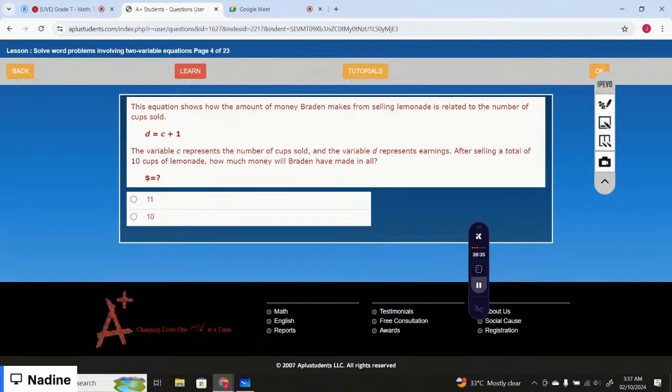So which is the correct option? So C equals 10, right?